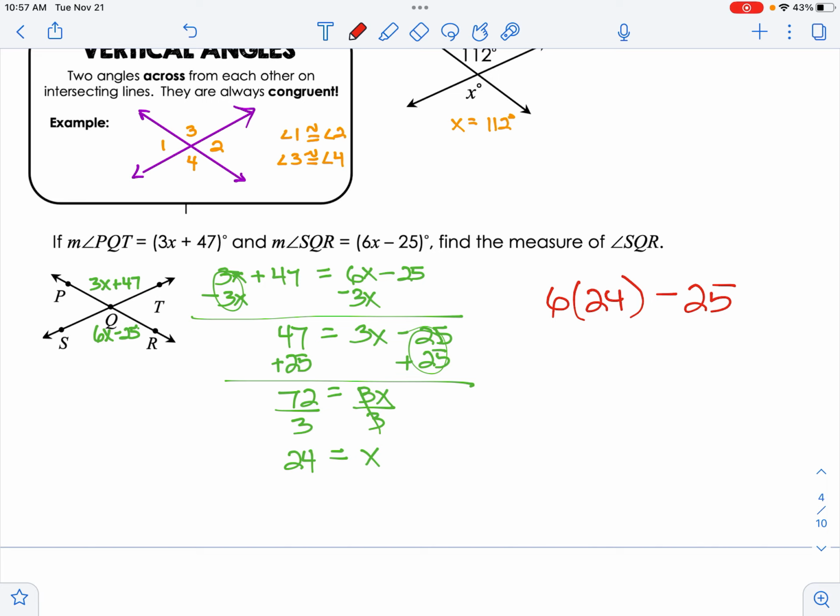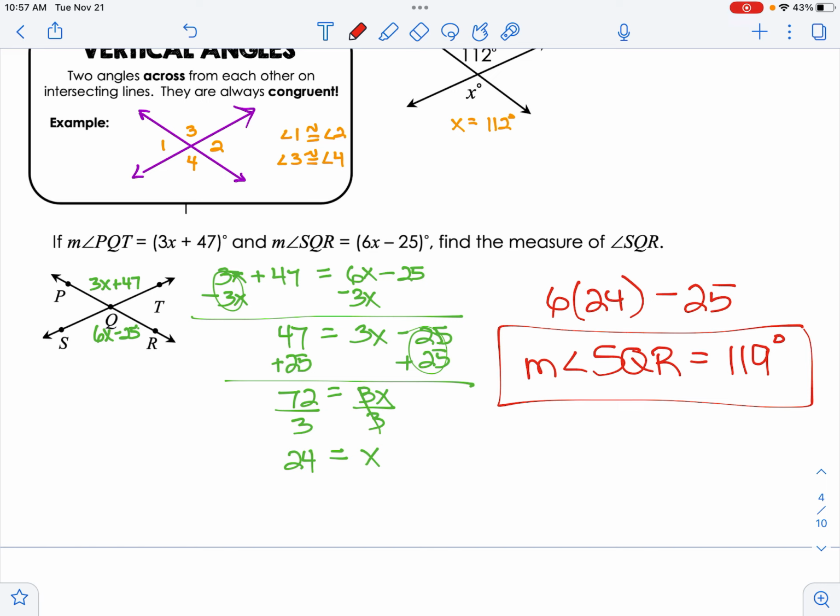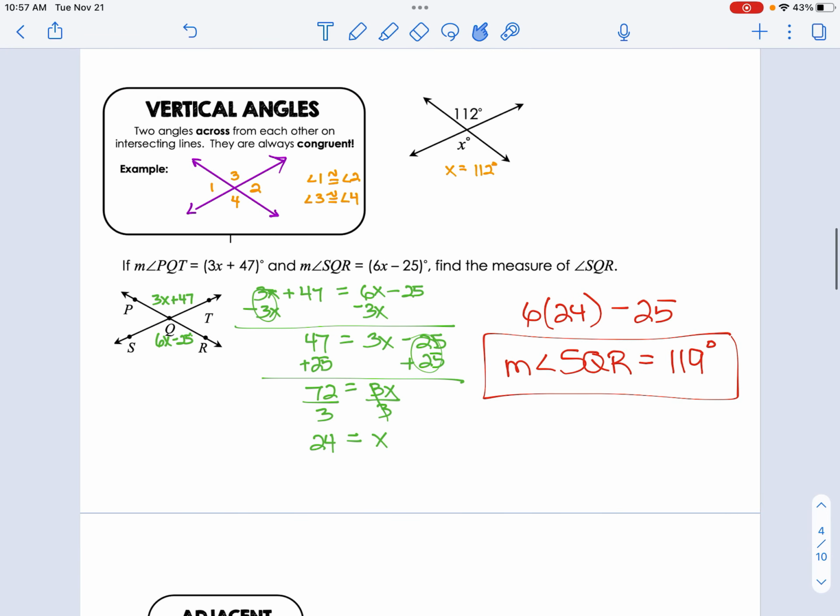If I type that into my calculator, I'm going to write a measure of angle SQR. I get 119 degrees. So again, I know that those are equal to each other because they're vertical angles, and angles across from each other are always congruent. So those are vertical angles, an important pair of angles.